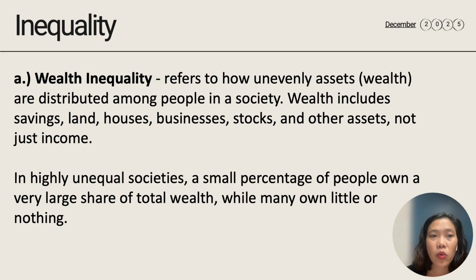In highly unequal societies, a small percentage of people own a large share of total wealth, while many own little or nothing. So that's where wealth inequality happens: in a highly unequal society, mas gamay ang dato, mas daghan ang pobre.